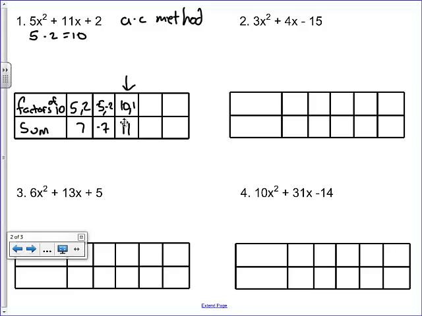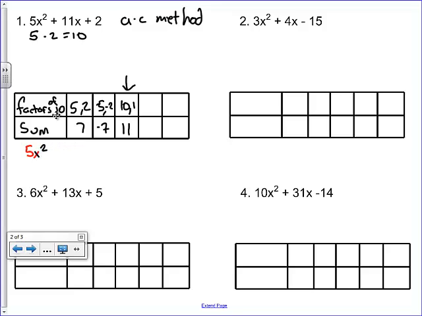Now we need to rewrite in a grouping method. Let me show you what I mean. A, we're going to bring straight down. So here's step 2. A, we bring straight down, 5x squared.